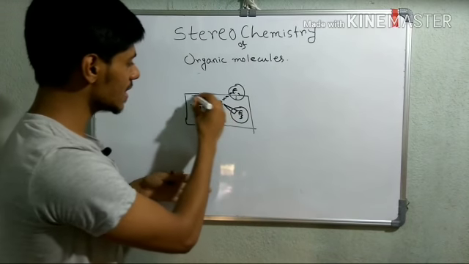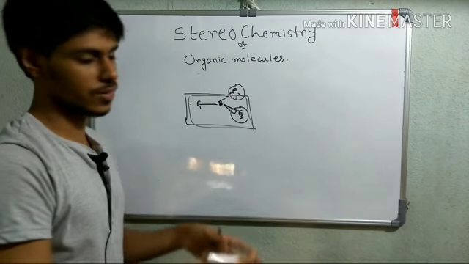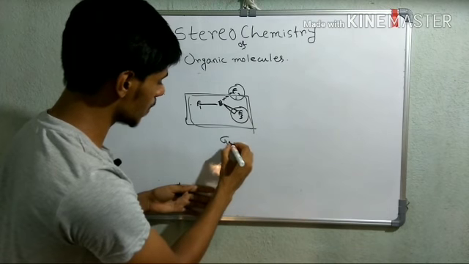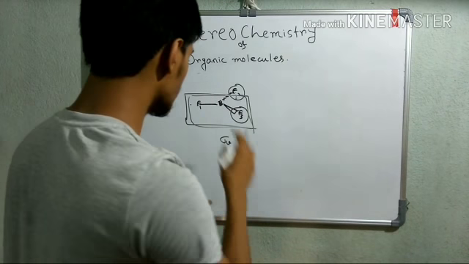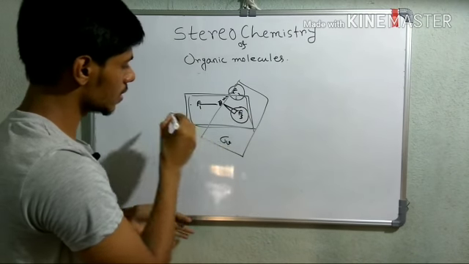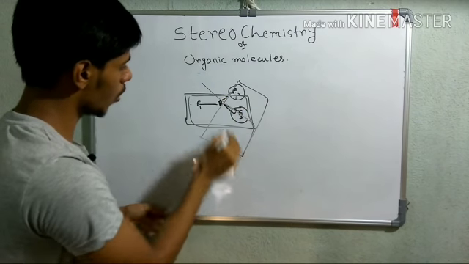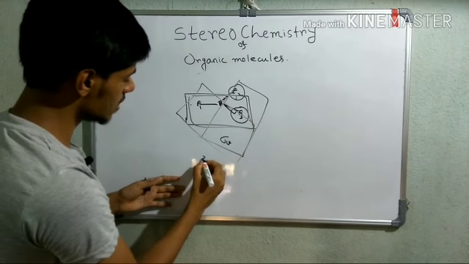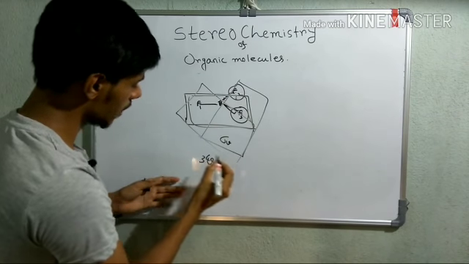So this plane is called the plane of symmetry, and it is represented as sigma v, right? Now in this molecule you can again imagine that all 3 sigma v are possible along all the BF bonds. So 3 sigma v's are possible.